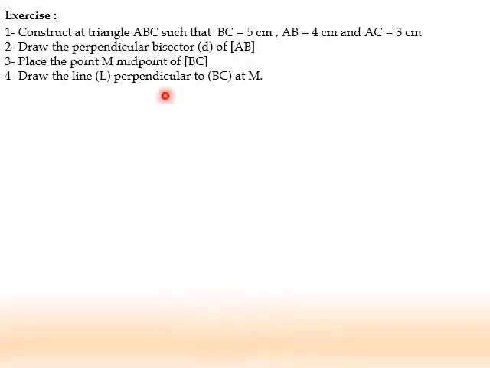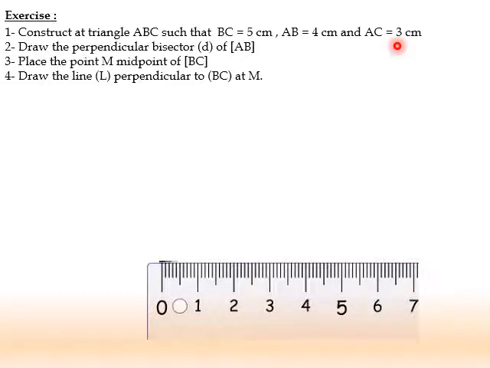Now, construct a triangle ABC such that BC equal 5 cm, AB equal 4 cm, and AC equal 3 cm. First of all, let's draw one of these sides. I prefer to start from the longest side, but I will show you that I can start with another side and the same results stay the same.